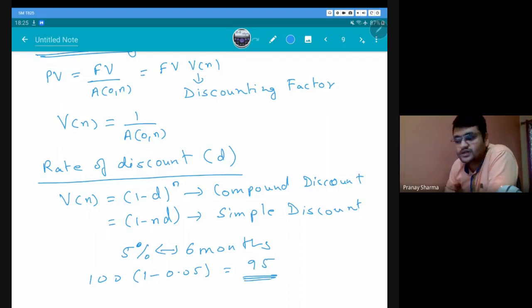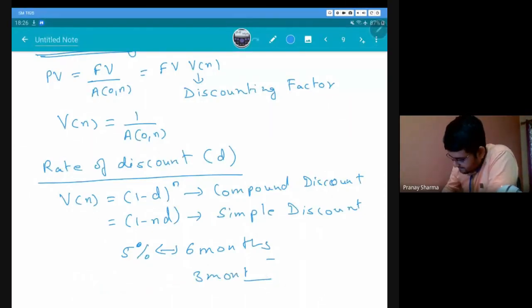So today you will be investing 95 rupees to get 100 rupees in 6 months time. You can do that very easily in your head. If I say there is a 3 months bond that will give you 3%, how much would you invest to get 100 rupees in 3 months? We'll be investing 97 rupees.